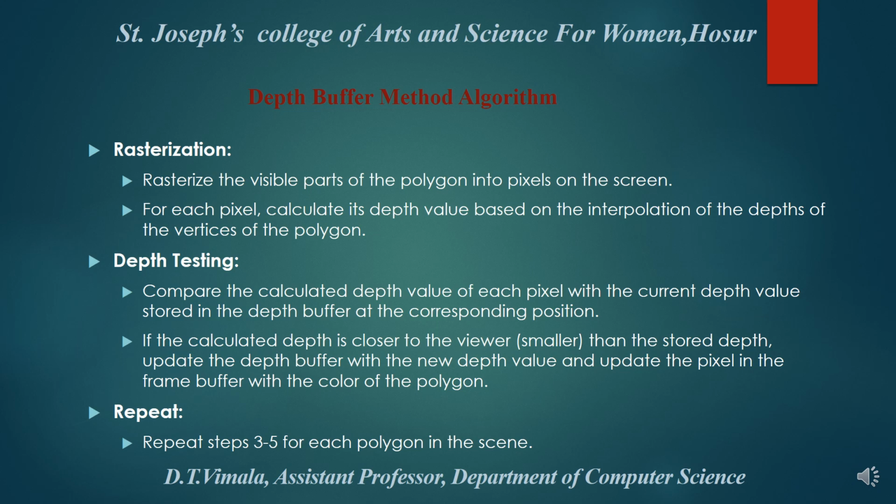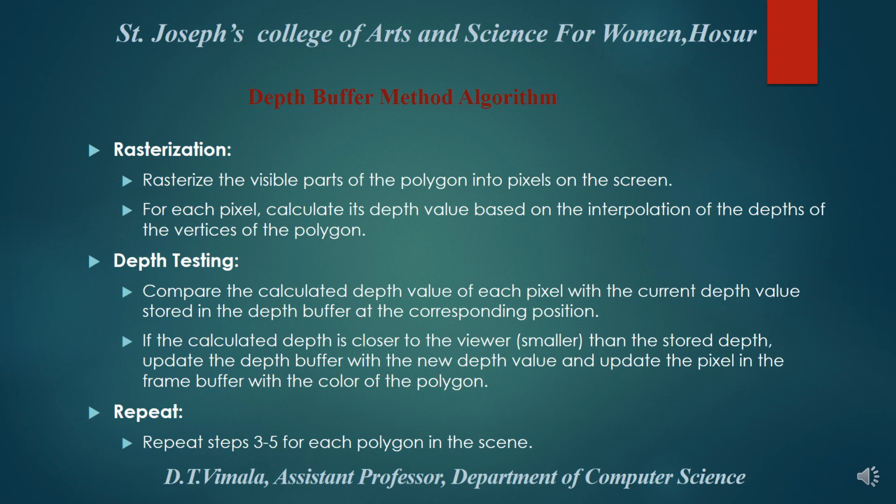Next, rasterization. Rasterize the visible part of the polygon into pixels on the screen. For each pixel, calculate its depth value based on the interpolation of the depths of the vertices of the polygon.